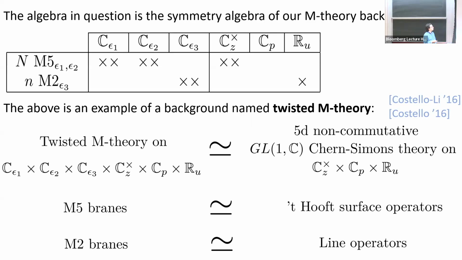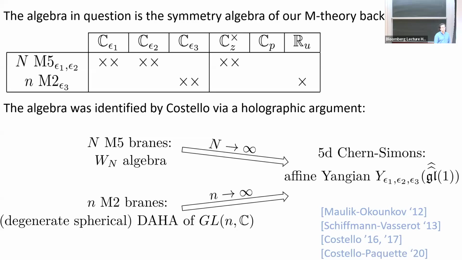The M5 branes in this picture look like surface operators, and the M2 branes would look like line operators in the 5-dimensional theory. Assuming Wilson lines? Yes, in this case, yes.